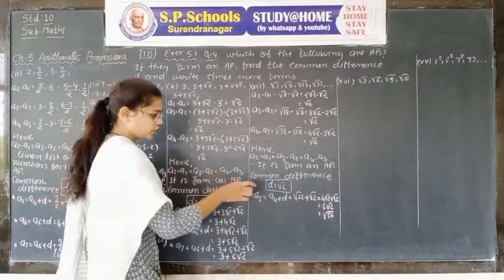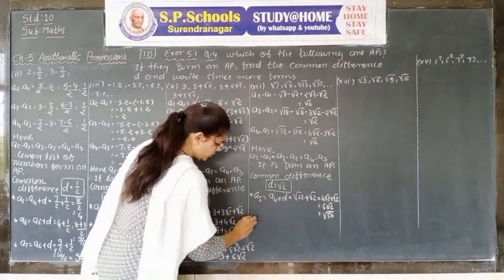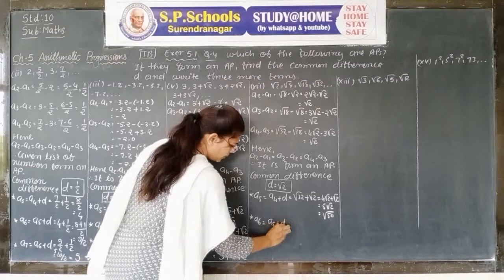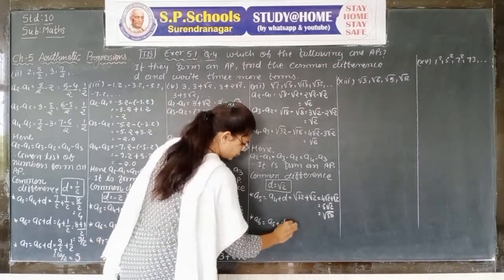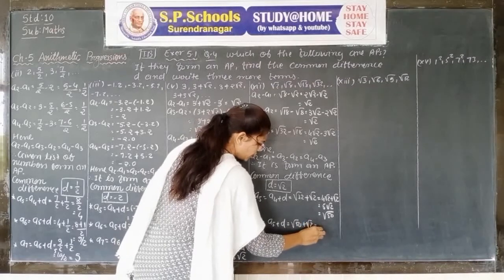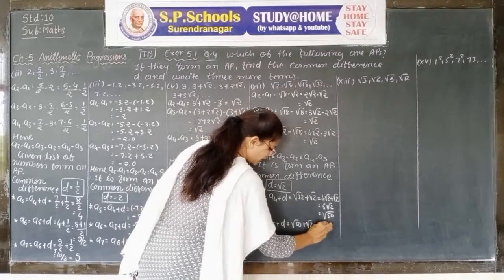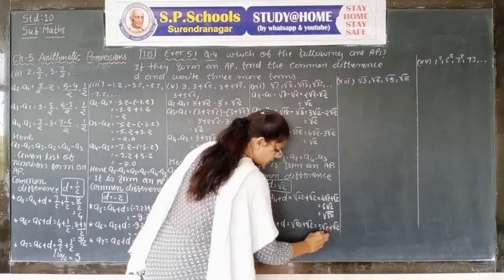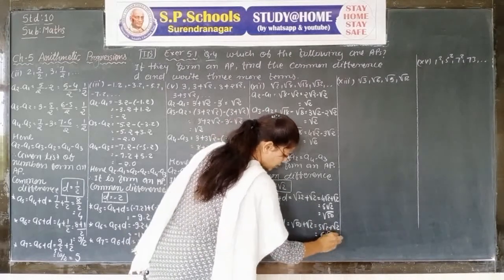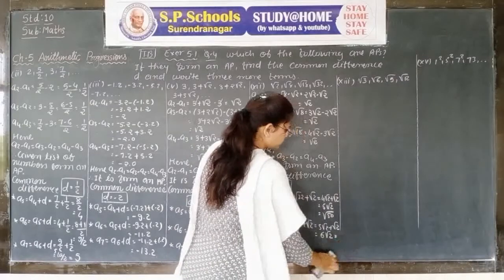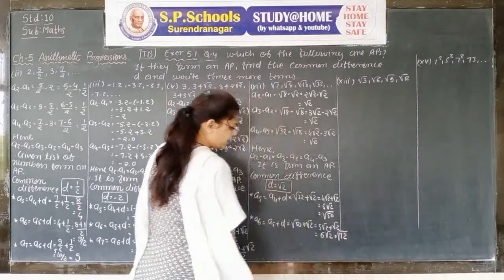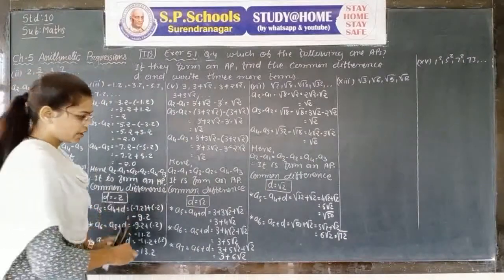That's why the term is root 50. The next term, a6, is a5 plus d, where a5 is root 50, plus d which is root 2. Root 50 is 5 root 2, plus root 2 is 6 root 2, and 6 root 2 is root 72.